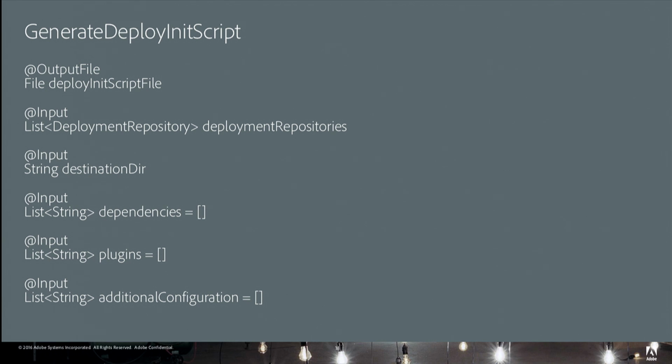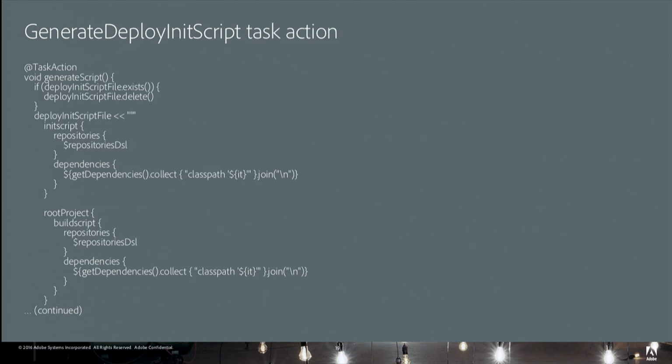All the inputs were repositories, your destination directory, which is set by an extension, the list of dependencies, which would be computed based on what you were compiling with and building those artifacts, and any plugins involved, so that it could have those available in the init script. Then there's an additional configuration section for anything very custom for that script. This allowed additional configuration, whether it was Python, Hive, whatever language, and they could add their own pieces in. It's probably too small to read there.